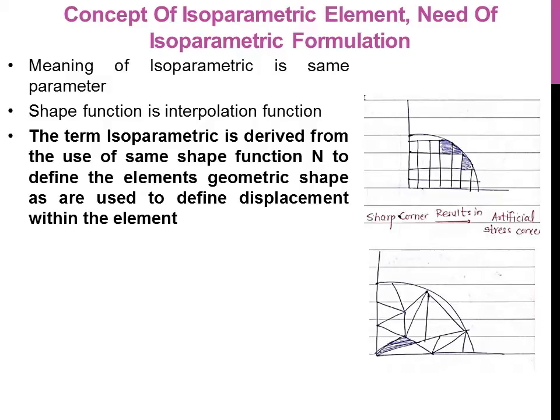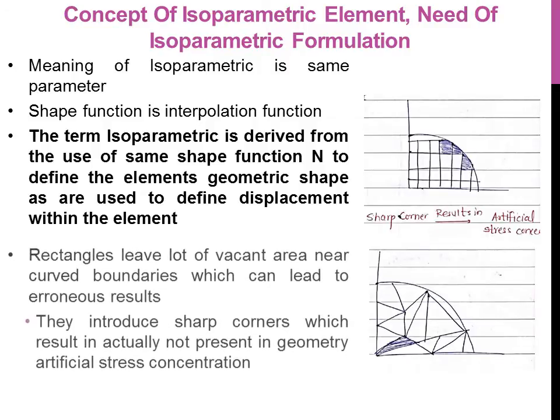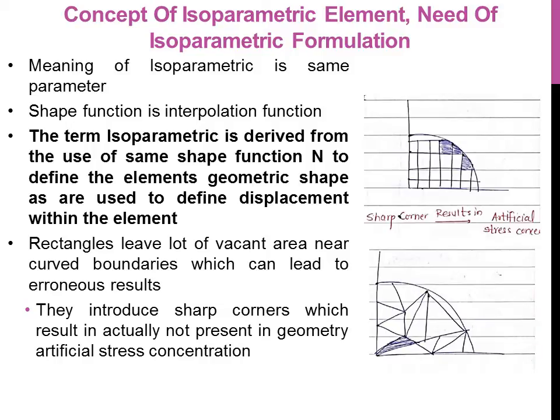What is the meaning of this statement? In an isoparametric element, if you are using shape function N to define the geometrical shape, then the same can be used to define the displacement within that element. Now we will discuss these two figures.